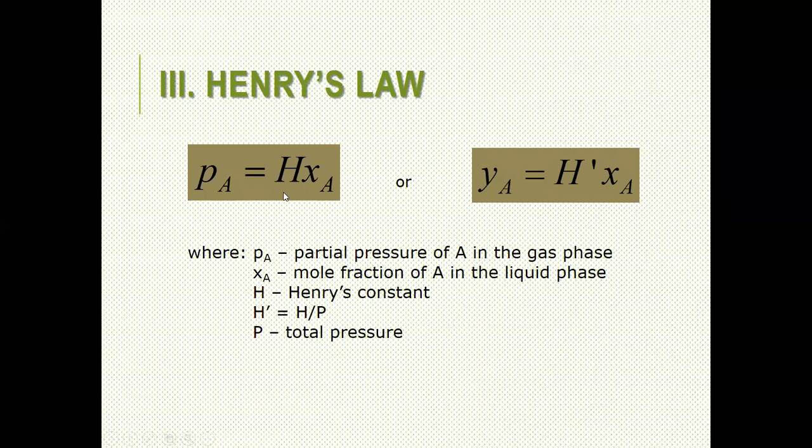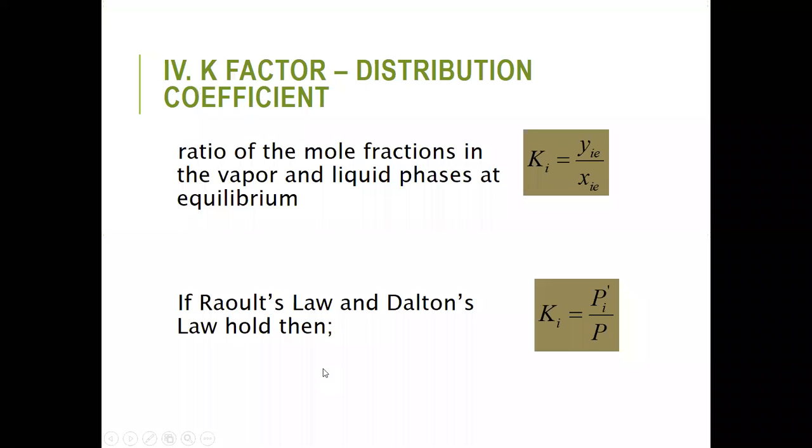So that's Henry's law. If Raoult's law is not applicable, then use Henry's law. Then we have another equation that gives us the equilibrium relationship between X and Y again, same thing between X and Y. It's called the K factor, the distribution coefficient.